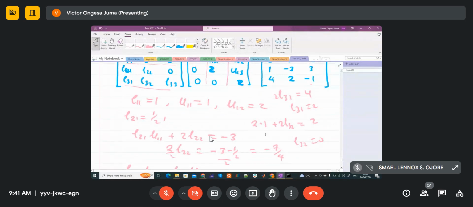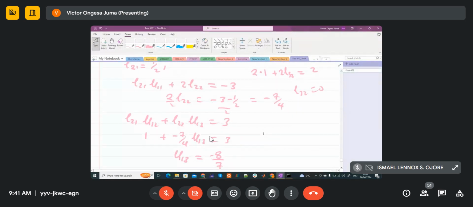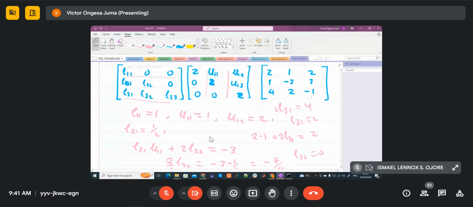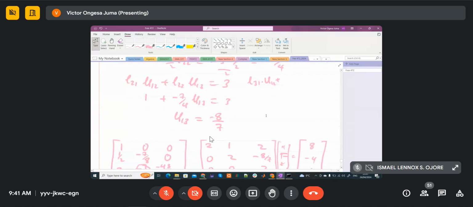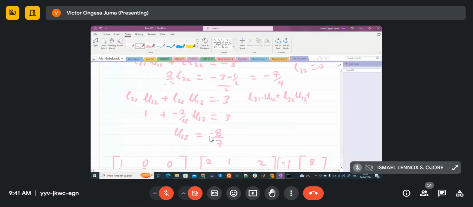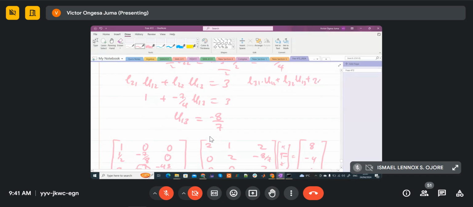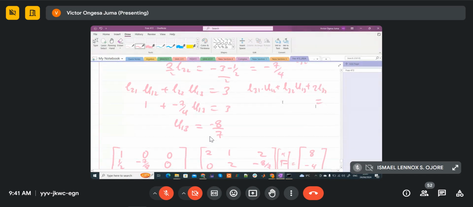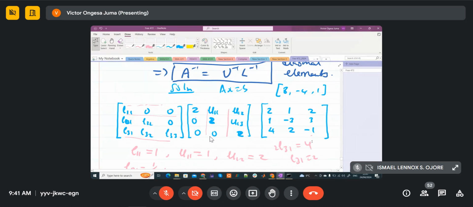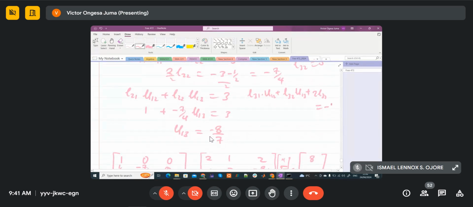L31 multiplied by U12, plus L32 multiplied by U13, and then plus the last one is L33 multiplied by 2. So plus 2 L33 is the same as minus 1. I told you that if you are not sure, multiply the left-hand side alone, get the bigger matrix, then start equating the corresponding values.